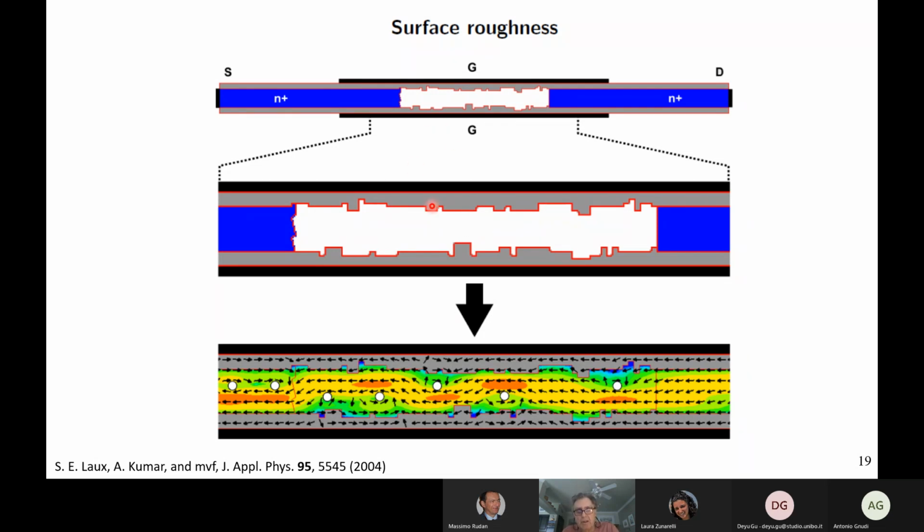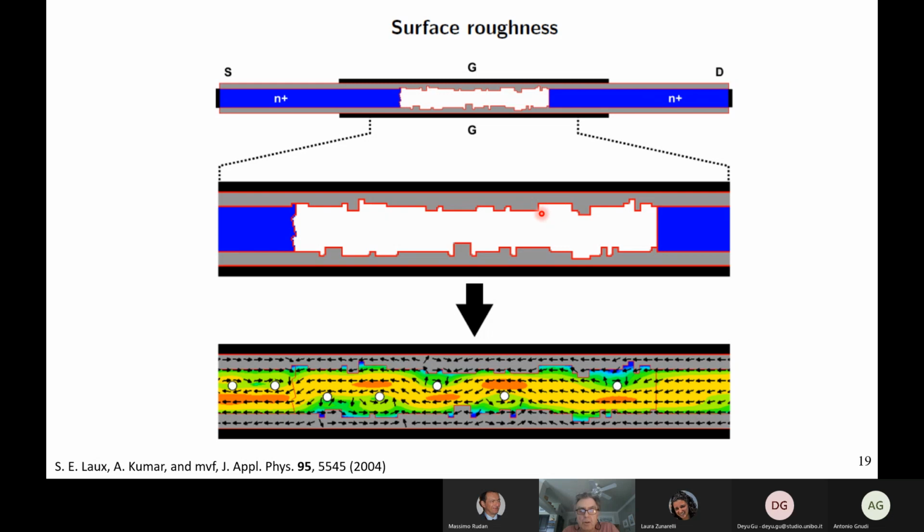So you can study the effect from a quantum mechanical point of view by considering this kind of randomly roughened surface. Each of these steps is the size of a silicon dioxide bond, silicon-oxygen bond, so that you can have oxygen protrusions or silicon vacancies, whatever you have in the silicon dioxide layer.